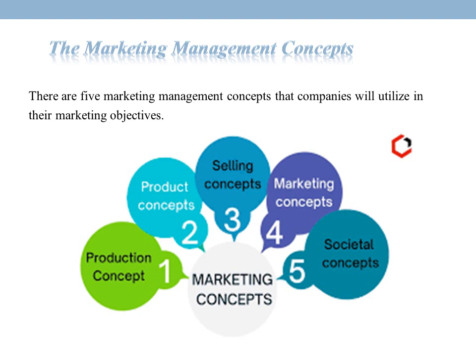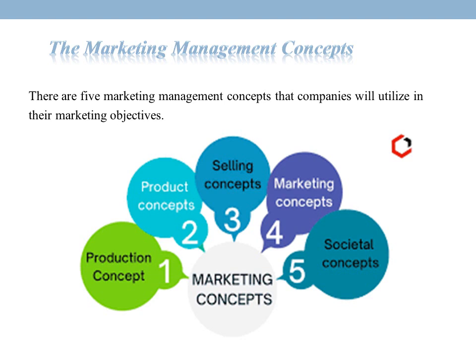The third marketing management concept is called selling concept, which says that consumers will buy products only if the company undertakes aggressive selling efforts. The fourth concept is called marketing concept. This marketing management orientation focuses on the needs and wants of customers and also delivering satisfaction better than competitors.